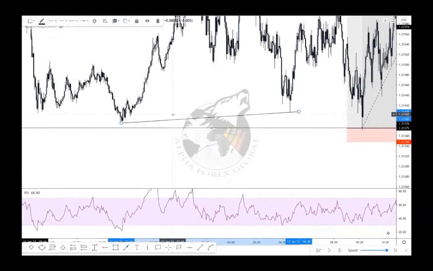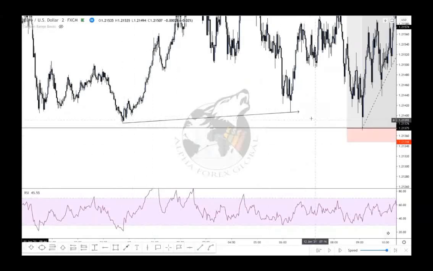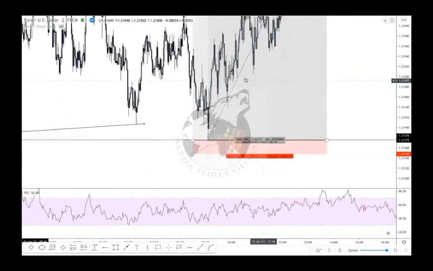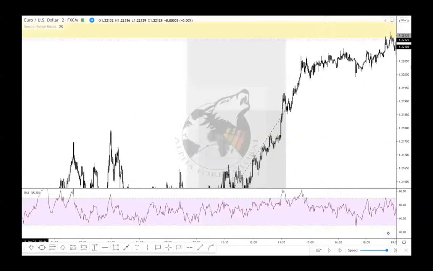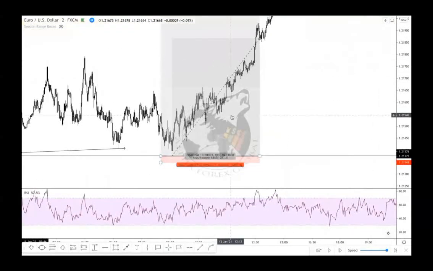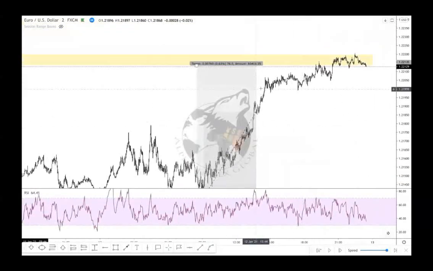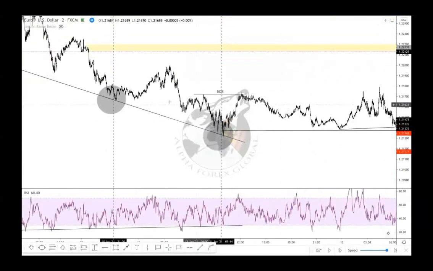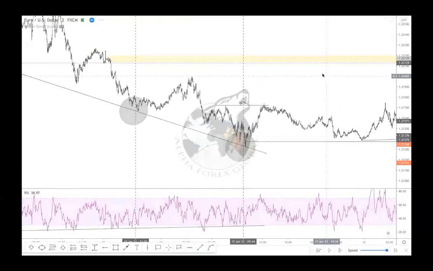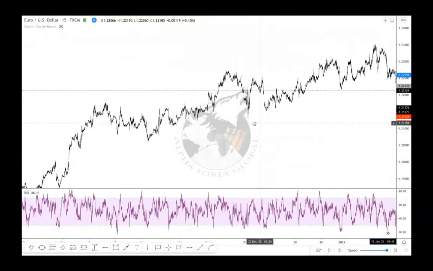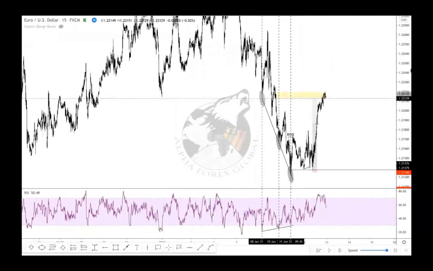The market created liquidity, then came back, took out this liquidity, tapped into the order block, and moved to the upside, giving you a 1 to 28, and this is just a reversal. Divergence can happen in both downtrends and uptrends. So let's look at an example when the market is actually going down.